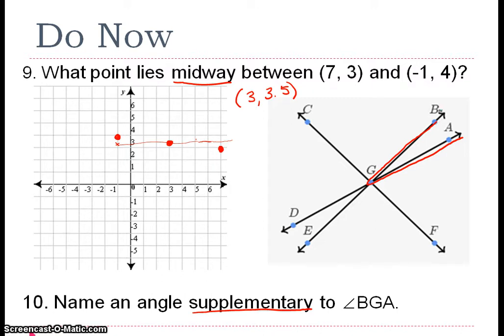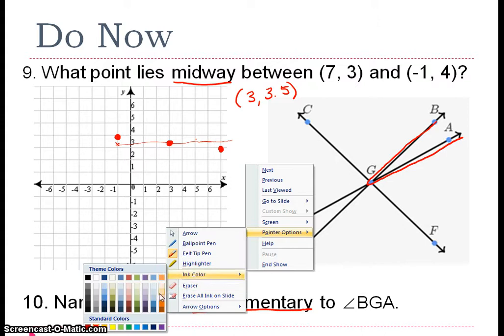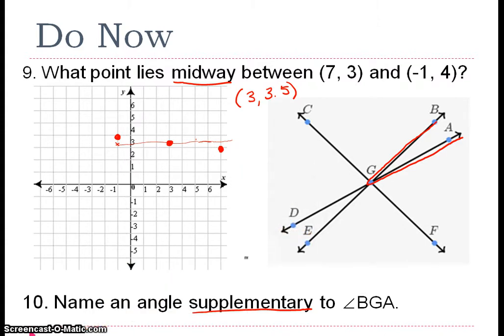So we could either be looking at this straight line right here that BG lies on. And so if we're looking at that line, we have this angle, and then we'd have the angle AGE. So 1 is angle AGE.